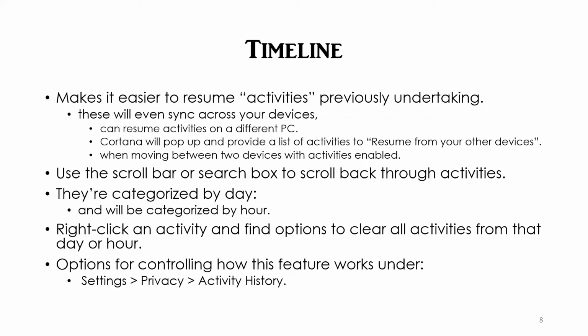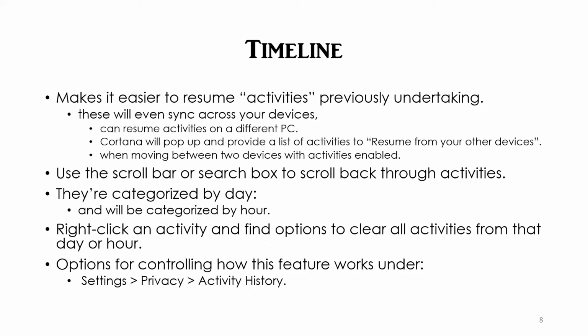And if you're going to resume from other devices, then Cortana will give you a pop-up. You can use the scroll bar to move through the timeline, or you can use the search box that appears with the timeline to find something that may have been a while back. And they're categorized for today by the hour, and for previous days by the date or the month.